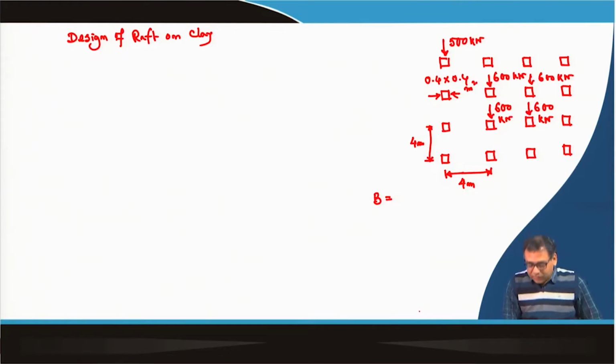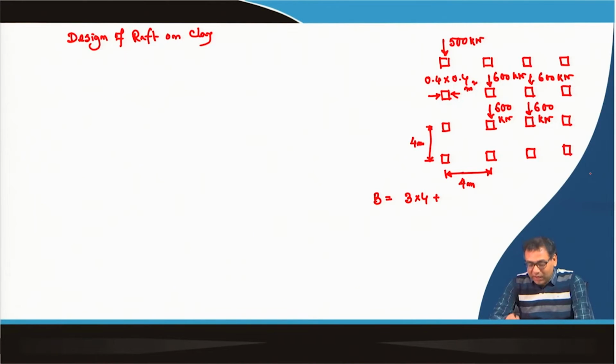So, the minimum dimension will be, this is 4 meter, 4 meter, 4 meter, so 3 into 4 meter, and then on both sides 0.4 by 2 plus 0.4 by 2. So, 12.4 meter is the minimum dimension that we have to provide.